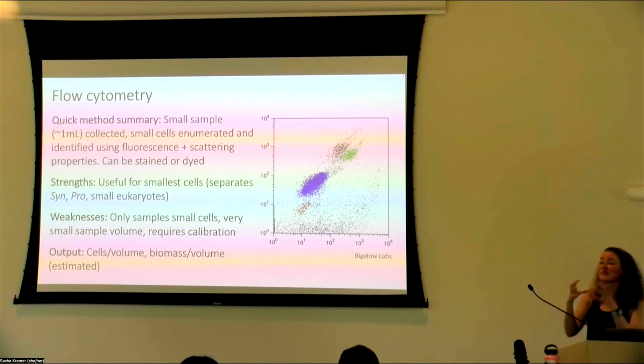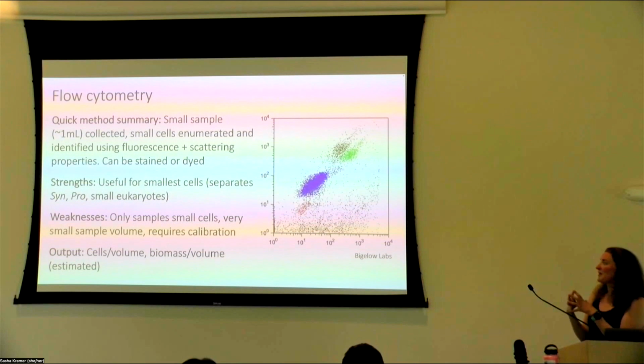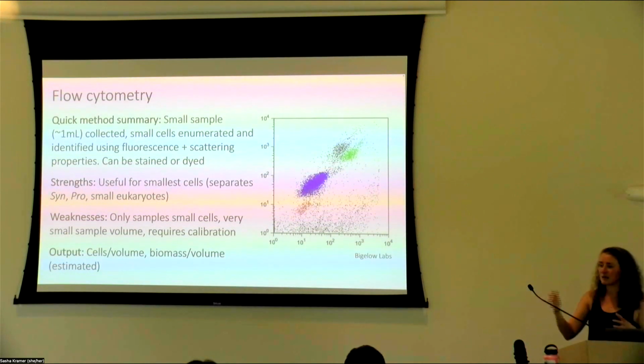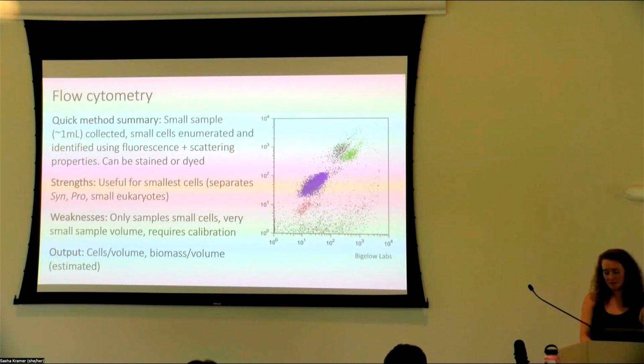We don't have a lot of perfect sphere phytoplankton, but Prochlorococcus gets pretty close to that. So if you can make some estimates about your cell size, your cell shape, the amount of biomass in a cell of that size or shape, then you can have an estimate of the biomass per volume and convert that to something like a carbon estimate per volume.